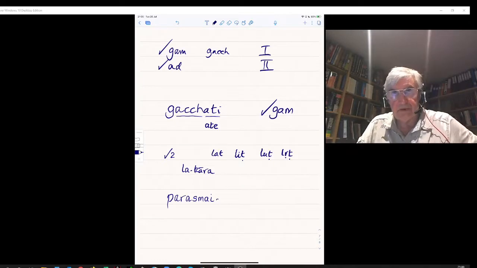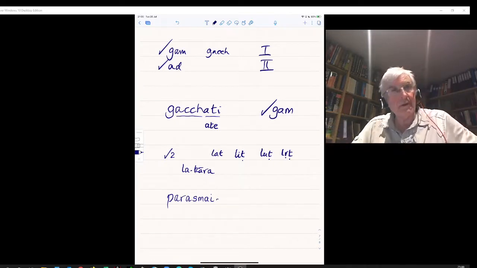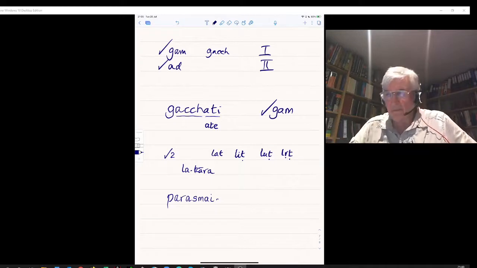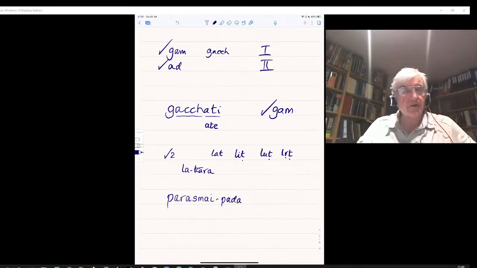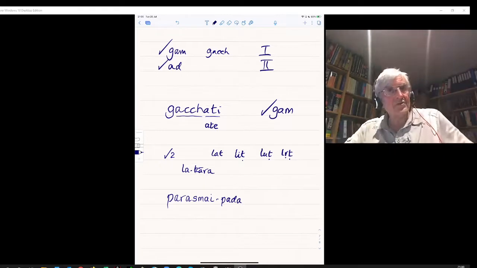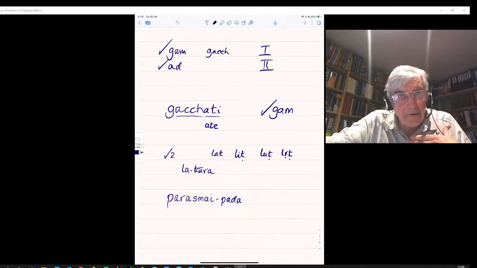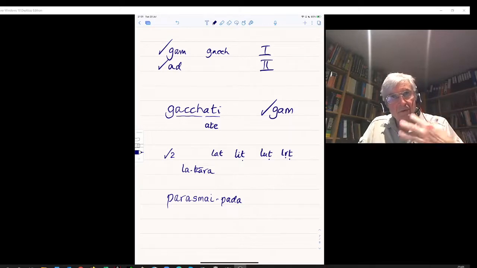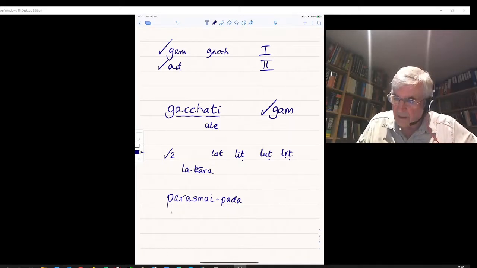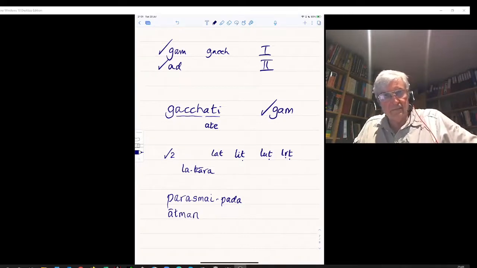And the word pada means, in this context, word, as in Dhammapada. In Sanskrit, Dharmapada, the word of the Dhamma. So parasmaipada means word for another, which is the Sanskrit way of saying the active voice. In other words, something you're doing to another personal thing. By contrast, the middle voice, doing something for yourself, is atmanepada. We know the word atman, meaning self.